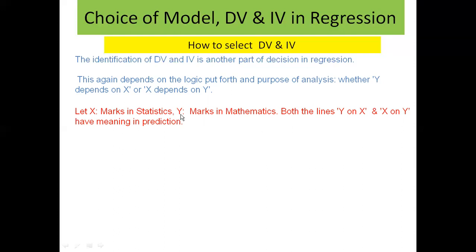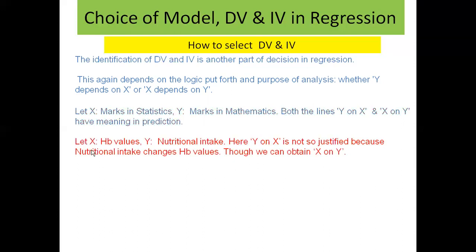When we take y as dependent, x as independent, and we want to make a simple regression analysis, it is called y on x regression. If we take x dependent, y independent, we say x on y regression. Generally, its purpose is to make predictions.